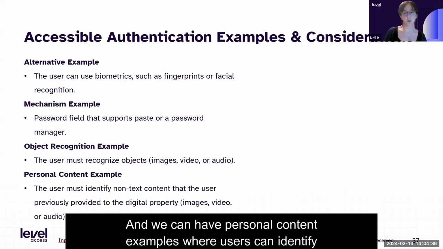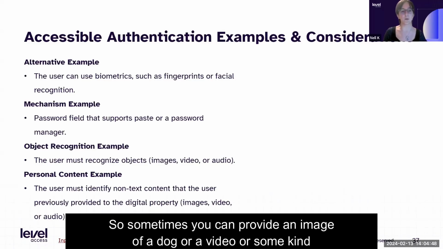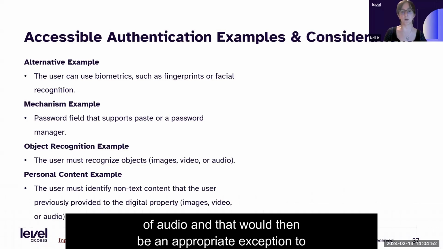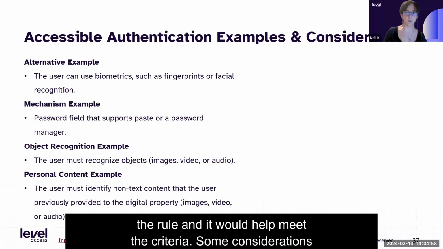And we can have personal content examples where users can identify non-text content that the user has previously provided to the digital property. So sometimes you can provide an image of a dog or a video or some kind of audio, and that would then be an appropriate exception to the rule, and it would help meet the criteria.